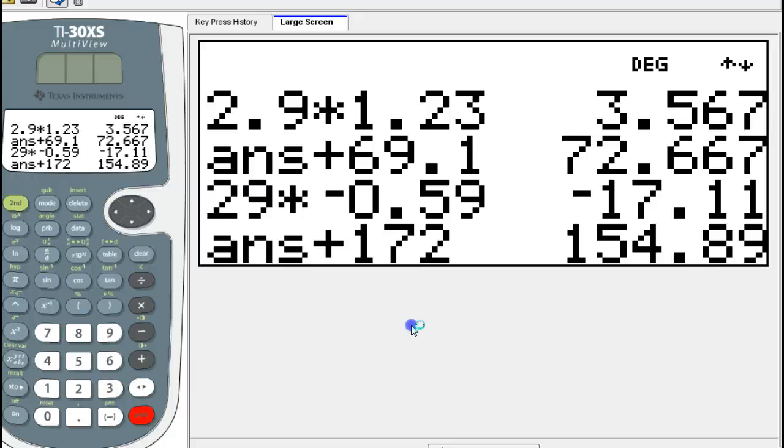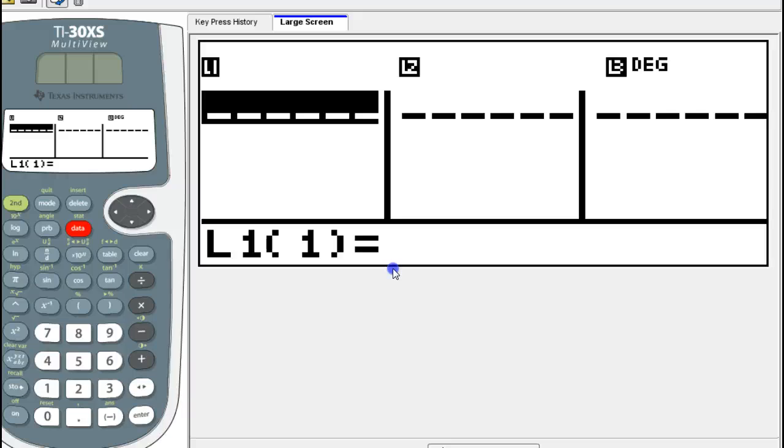A lot of this stuff you're going to want to do on your calculator. So you want to hit the data button, and here's where you can type in your data. So this is how we're going to do it this time through.